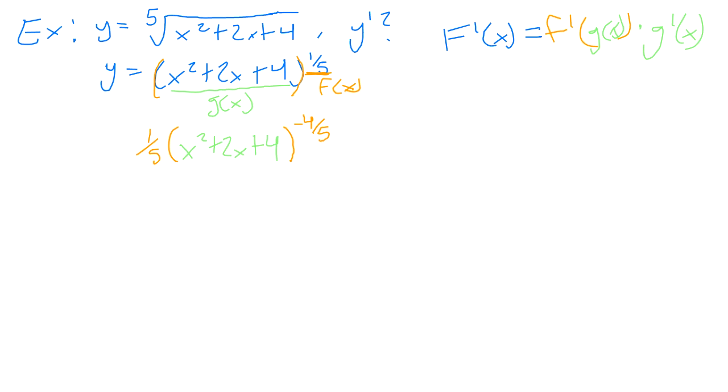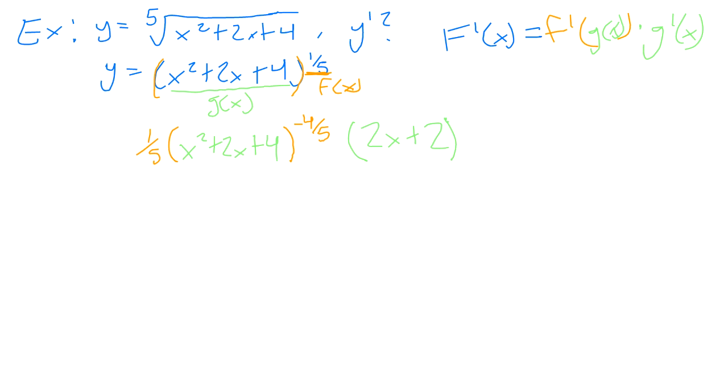Now we need to derive our inner function. If our inner function is x squared plus 2x plus 4, the derivative of x squared is 2x, the derivative of 2x is 2, and the derivative of 4 is 0. So we're just going to multiply 2x plus 2 times f prime of g.